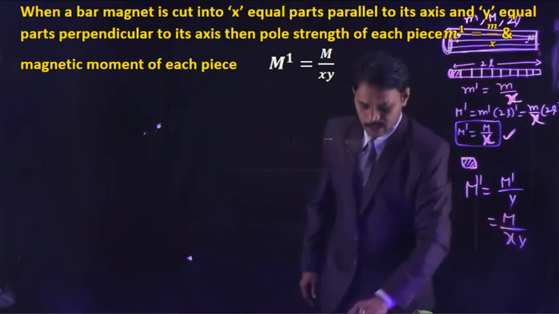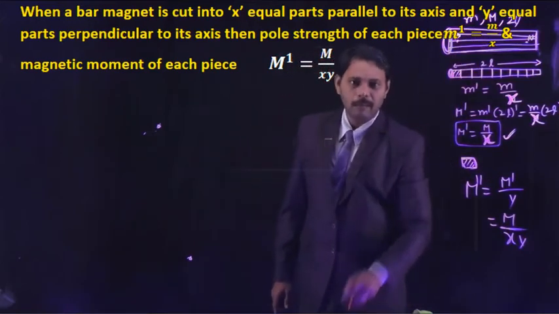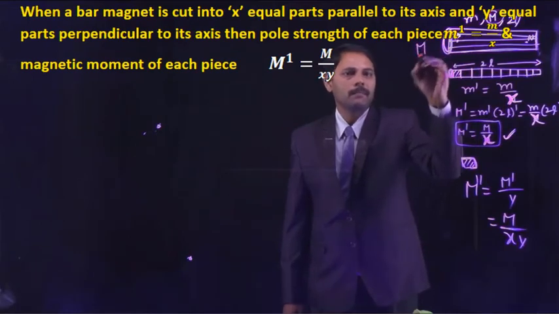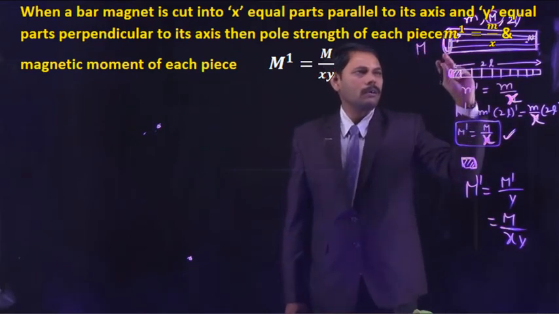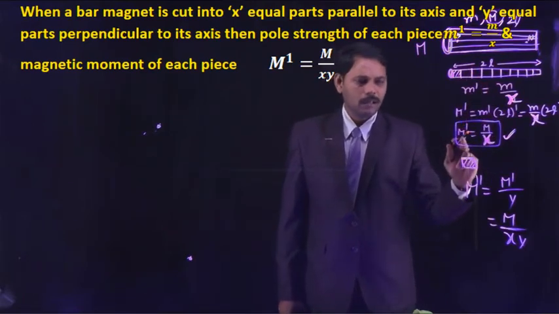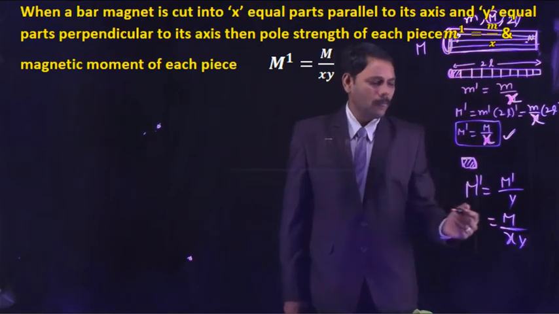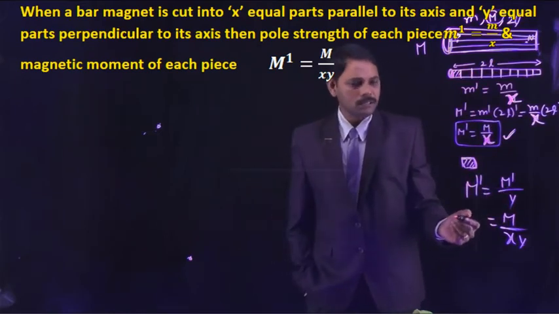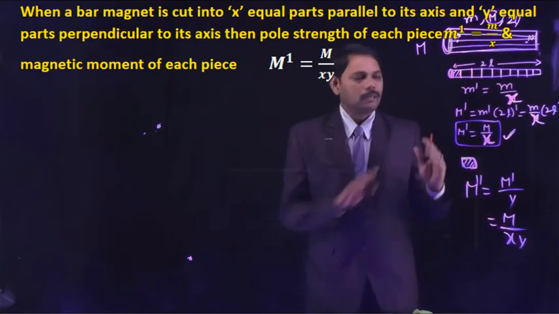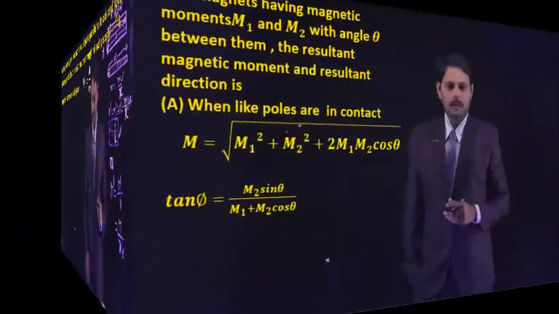So the conclusion is, if a magnet of magnetic moment capital M is cut into x equal parts parallel to its length, followed by y equal parts perpendicular to its length, ultimately the magnetic moment for each piece becomes M by xy, and the pole strength is m by x.